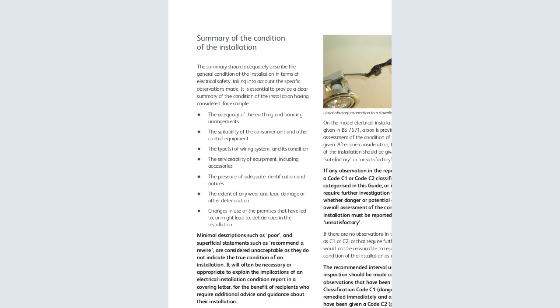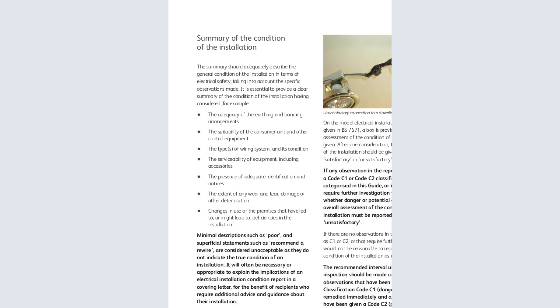And two is the suitability of the consumer unit and other control equipment. You make sure that the consumer unit is properly installed, and all the control equipment like the circuit breakers and the main switch are properly installed and working properly. And also inspect the types of wiring systems and their condition. Make sure that the conditions of the wiring system are accurate and correct.